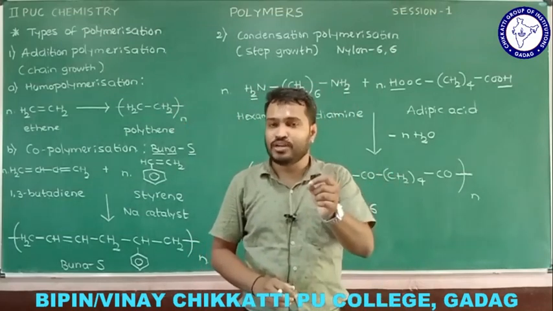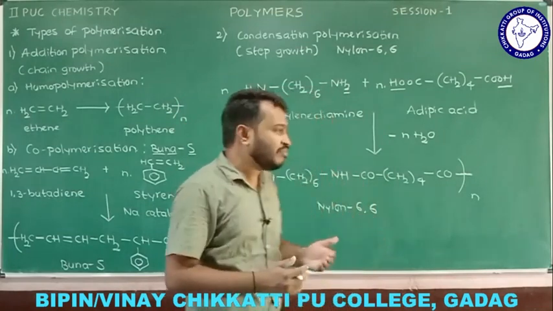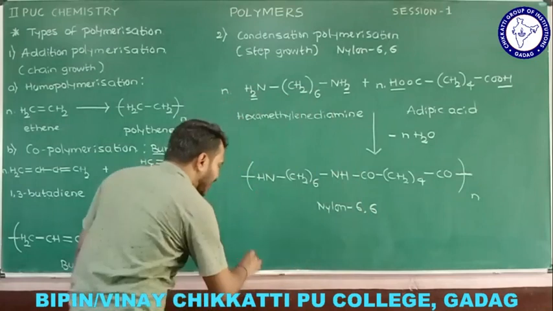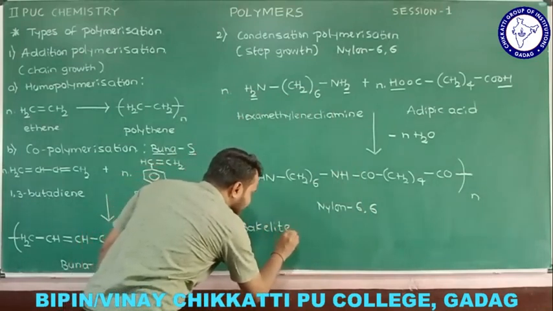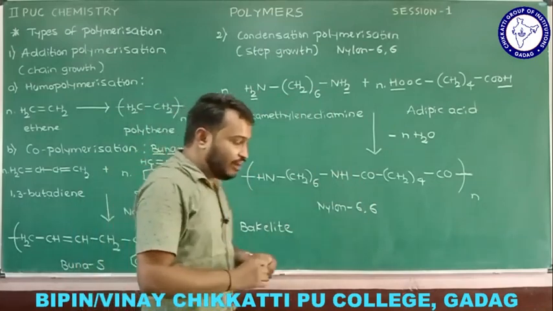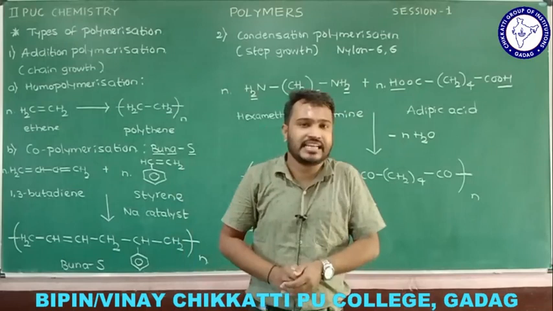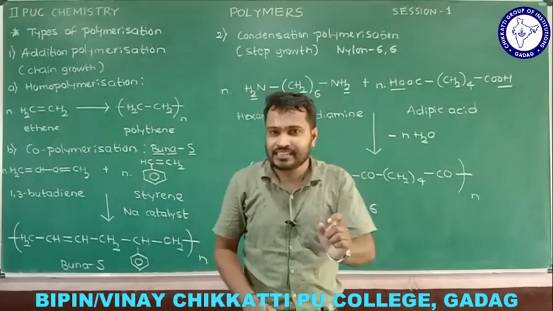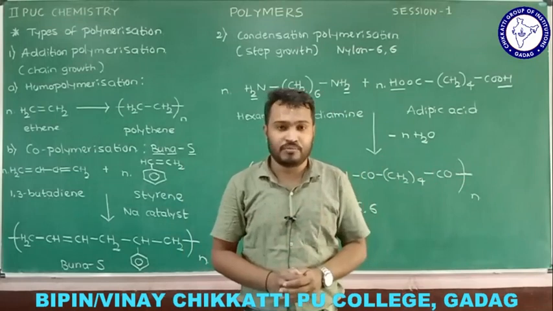Now I will explain the different classes also. Sometimes in competitive examinations, I am going to give you one example. If I consider bakelite as an example, knowing the properties and the reaction, one can easily guess. Bakelite is an example of a synthetic polymer, an artificial polymer.